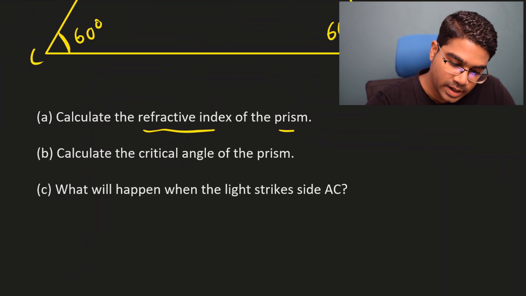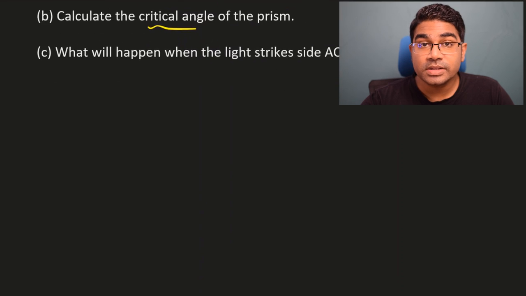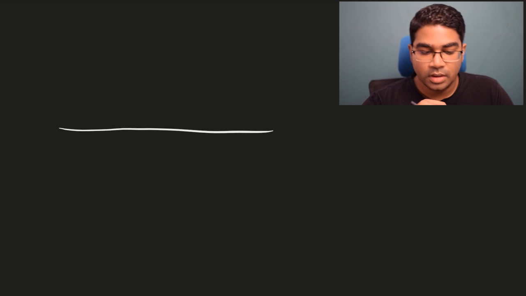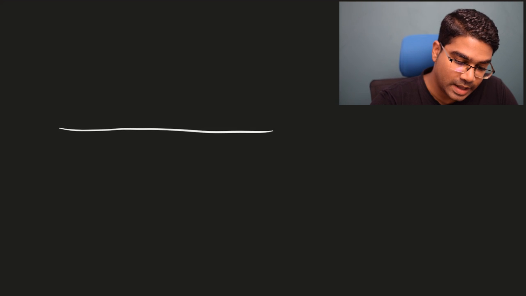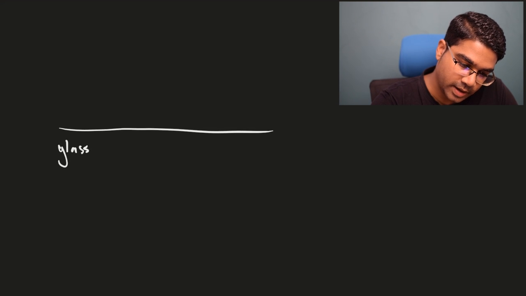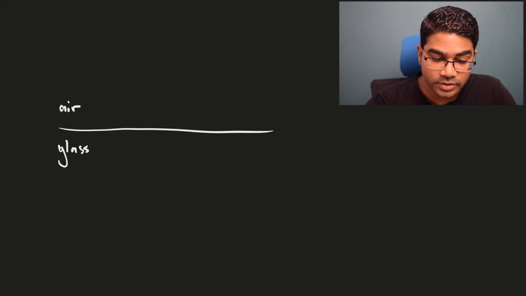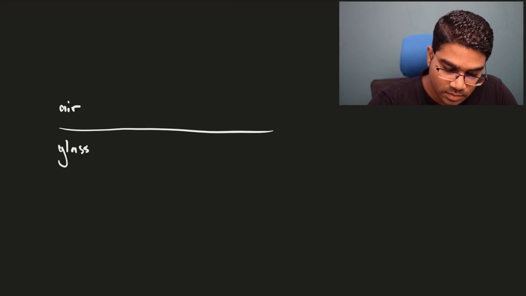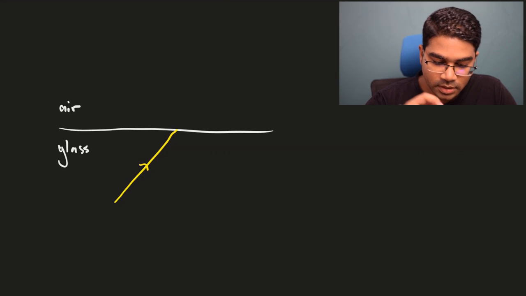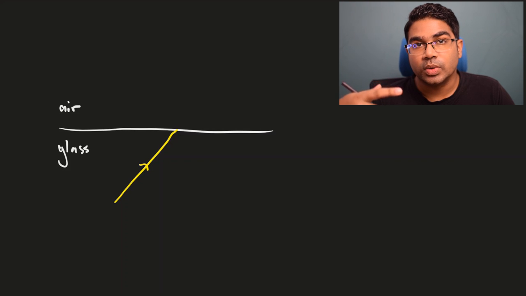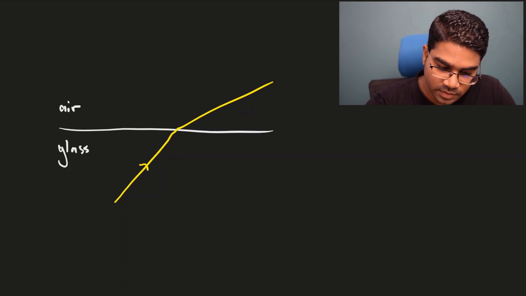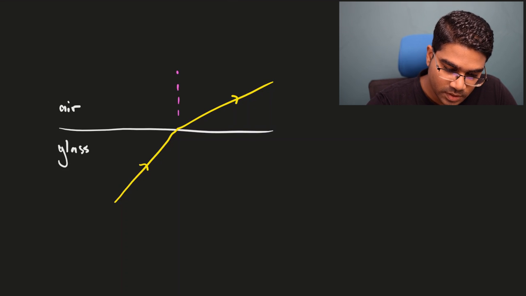Now that we found the refractive index, we can attempt the next question. Calculate the critical angle of the prism. Let's just review what a critical angle is. Let's say we have a boundary here between glass and air. So the light has to travel from a denser object, optical density of course, to a less dense object. Then we have the normal.